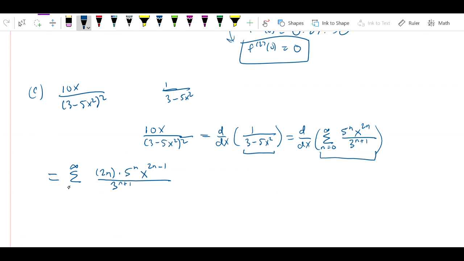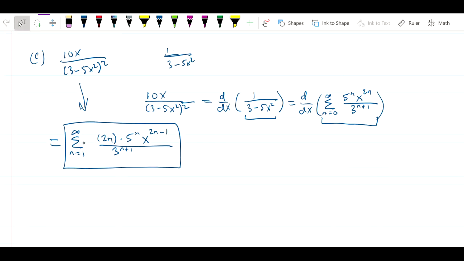So I'm going to start this at n equals 1 so that I can bypass that negative 1 term. So this is the series for this function.